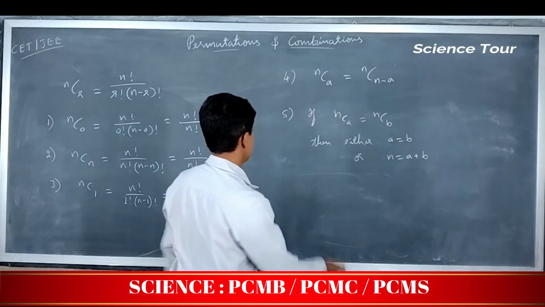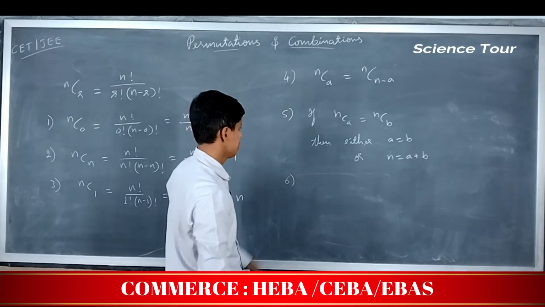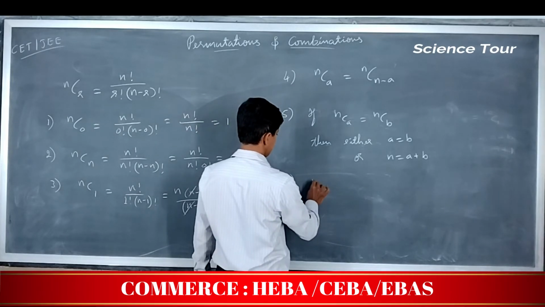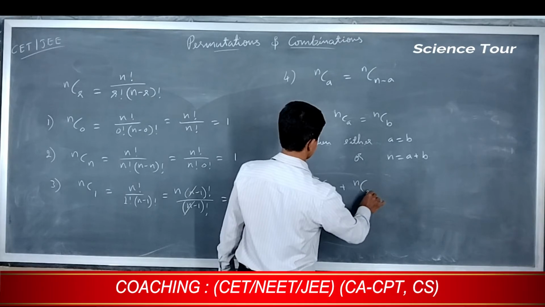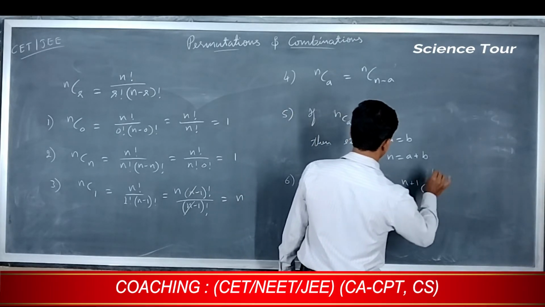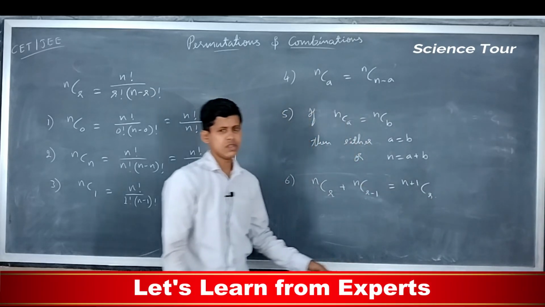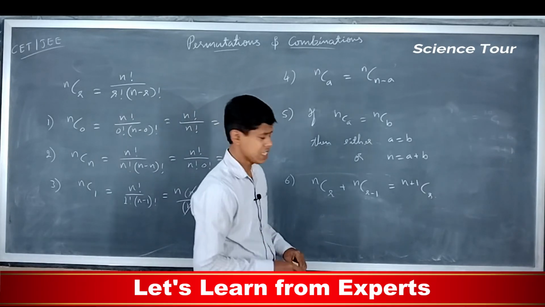Next, the formula that should be memorized is: if you have nCr plus nC(r minus 1), that will be equal to (n plus 1)Cr. This is a lengthy derivation, and I am not going into that now. Just remember the formula and its application.